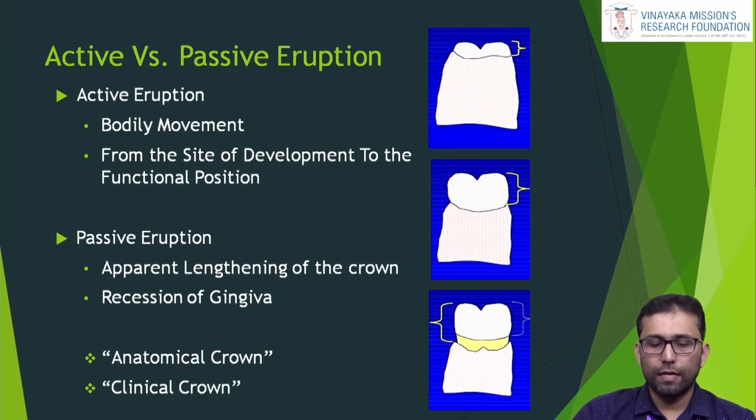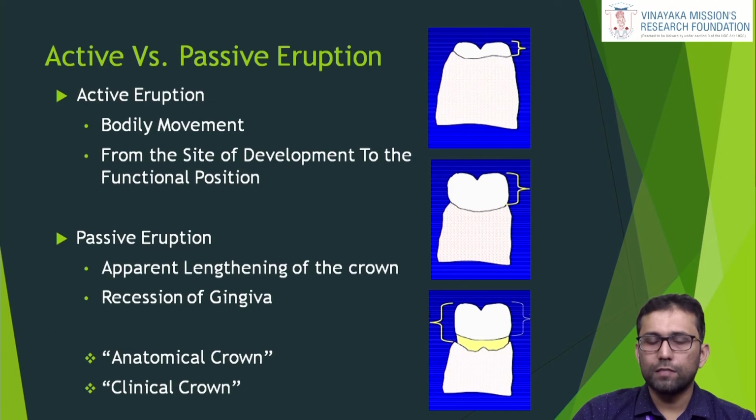Based on this, what you need to know is the anatomical crown and the clinical crown. When you see the pictures on the right side, there are three pictures. The anatomical crown is the length of the crown according to its dimensions, whereas the clinical crown is the crown that is visible in the oral cavity.